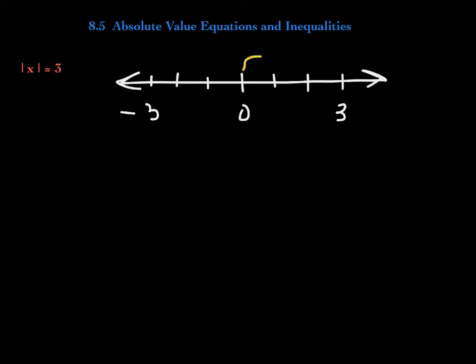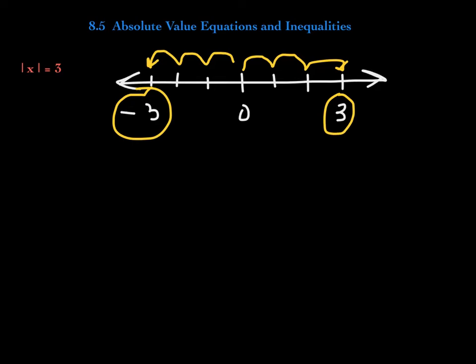So if I count out 3 units, 1, 2, and 3, I find out that 3 has absolute value 3. But that's not the only number. If I go in the other direction, I find that negative 3 is also 3 units away from 0. So the absolute value of negative 3 is also 3.